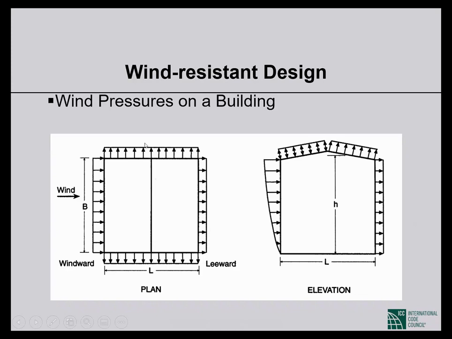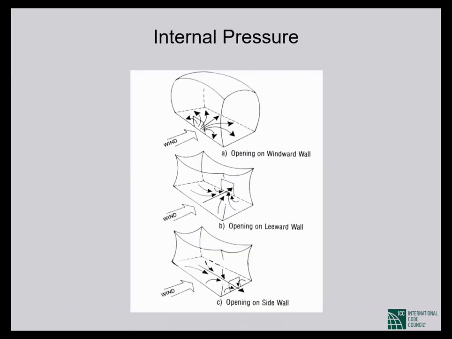And on the side faces also, we take constant suction evaluated at the mean roof height level. So complicated and sophisticated as our design looks, we have major simplifications built in. Variation of wind pressure with height is considered only on the windward face of the building.